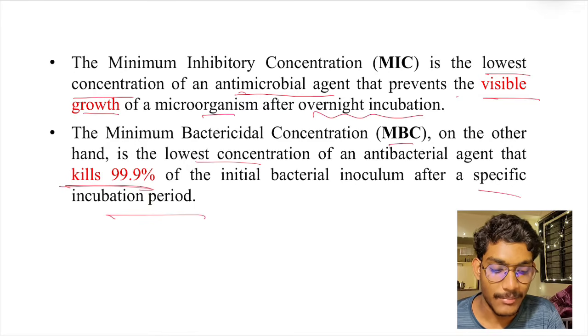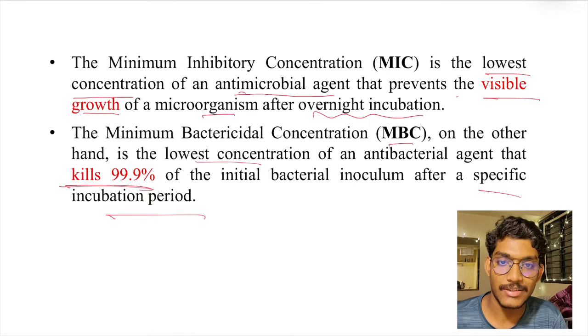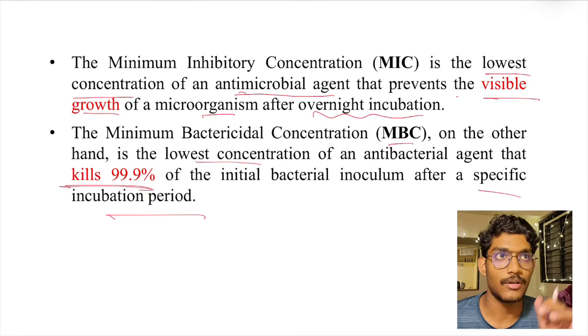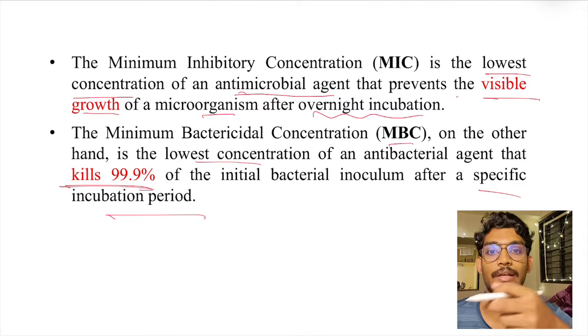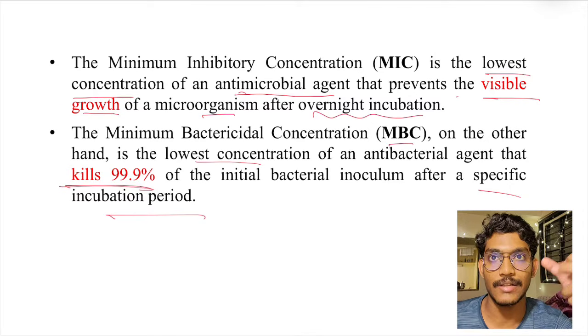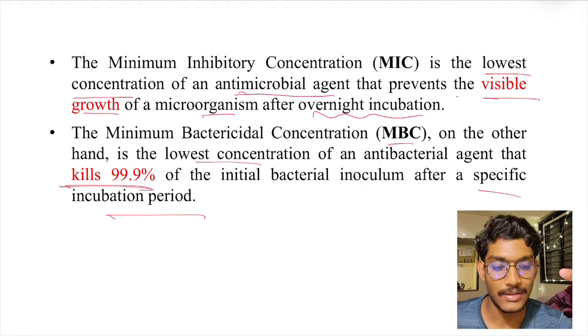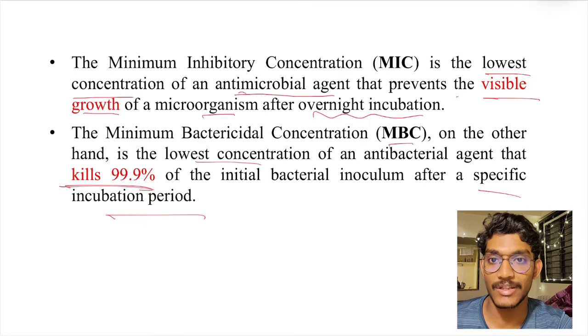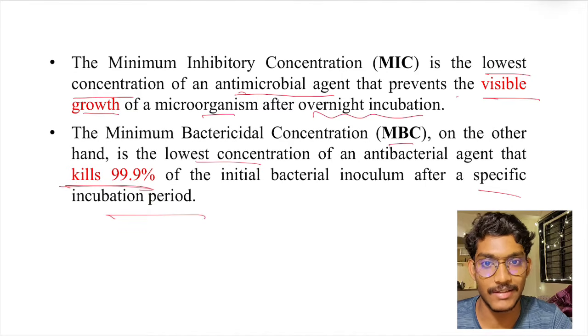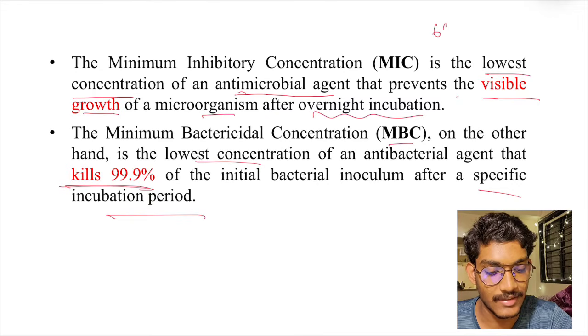So MIC basically deals with the inhibition of visible growth. If we are growing a bacterial culture in a liquid culture medium, in a broth, then if there is bacterial growth, there will be turbidity in the medium. We will get a certain absorbance value in OD 600, as generally we measure bacterial growth at 600 nanometer.